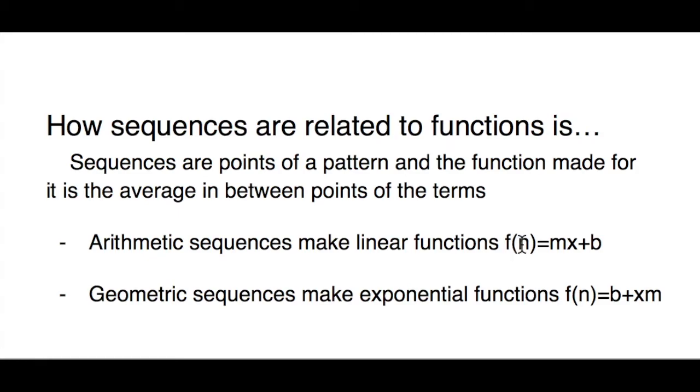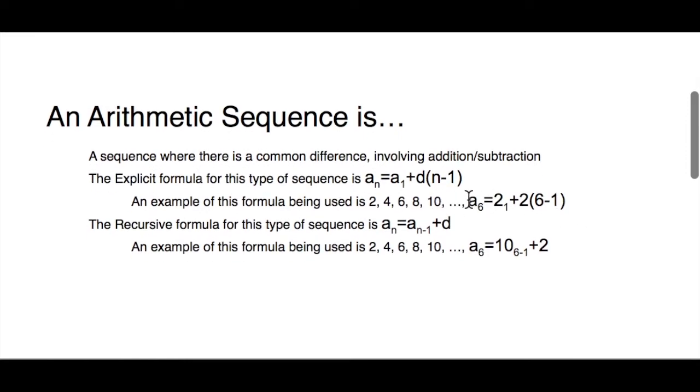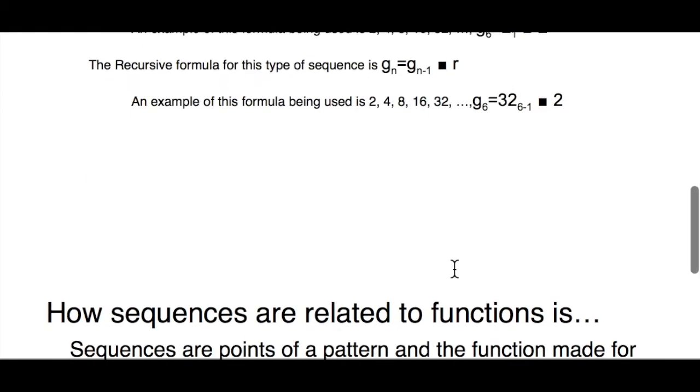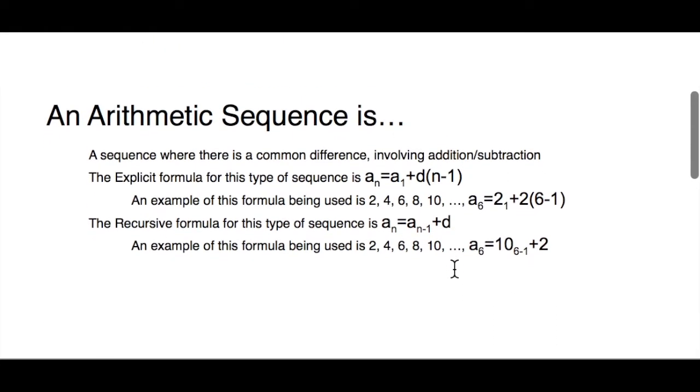You have f of n equals mx plus b. To change this formula into a function, do the distributive property and then combine like terms. Then n would be your x, d would be your slope, and whatever you got from a plus d to the negative 1 power would be your y-intercept.